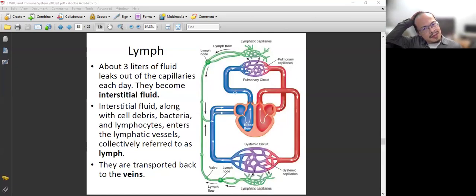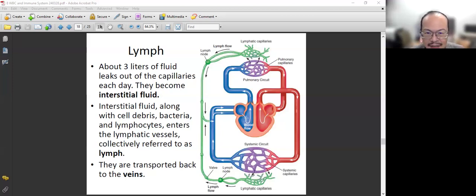So this is how the system works. Here, what I'm showing you is a combination of all this body fluid movement. Before we look at this green part, we kind of know this portion, right? This represents our blood circulation.